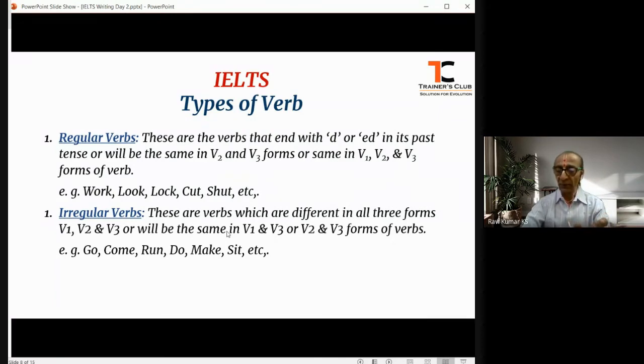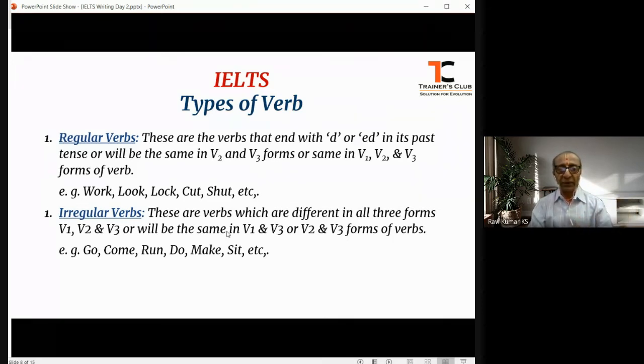I repeat again. In the irregular verbs, they are not ending with D or ED. V1 and V2, that means the form in the present tense and the form in the past tense, are different. Entirely different. But V3 can be entirely different. It can be totally a different word, or V3 can be the repetition of V2, or it can be the repetition of V1.